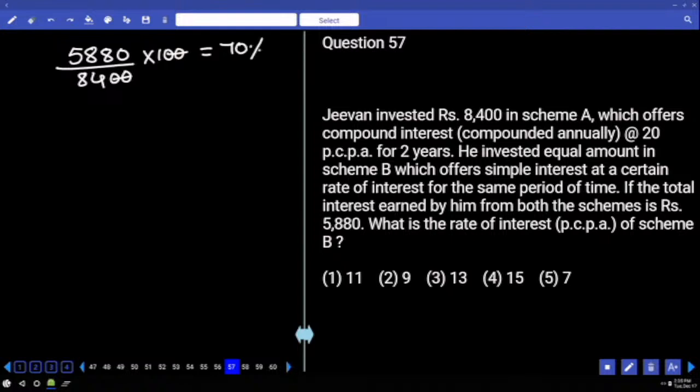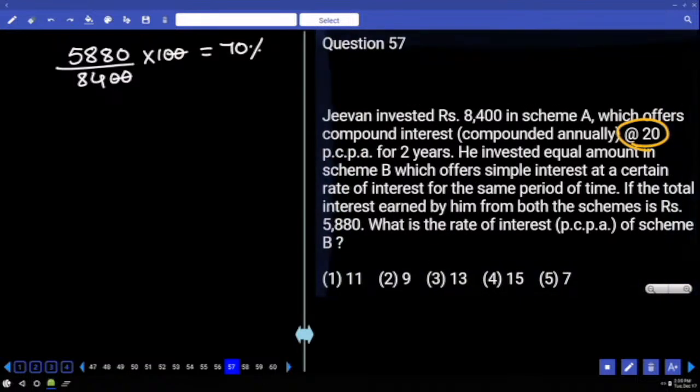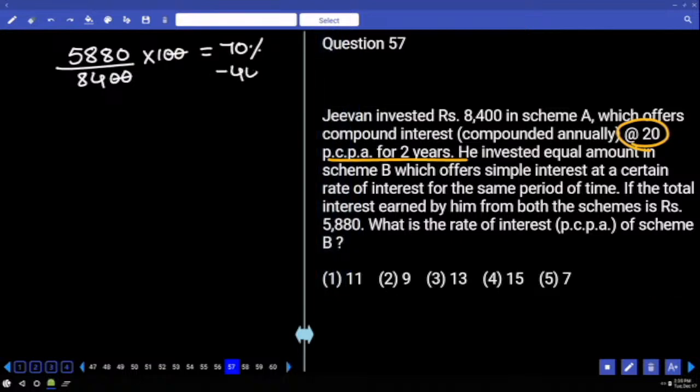And the overall interest is how much percent? 70%. At 20% per annum, 2 years of compound interest is 40, and the remaining 20 is the simple interest. For how many years? 2 years, so 26 means per year. That's your answer. Rate of interest in scheme B is 13% per annum.